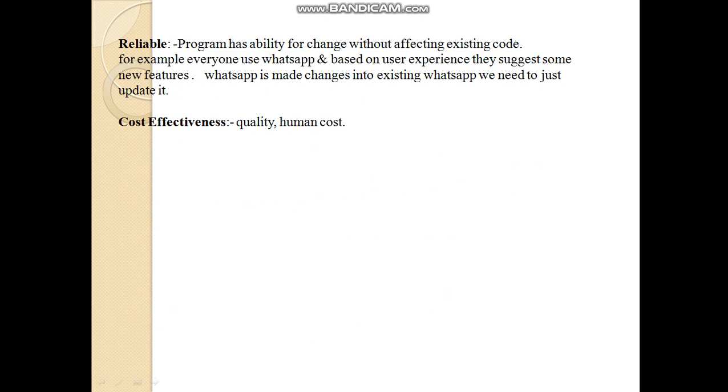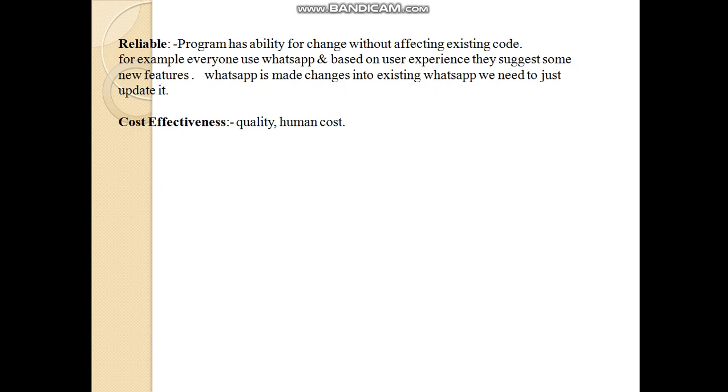Then reliable. All of us use WhatsApp or other social media, and sometimes WhatsApp tells us they are upgrading a feature and we have to update to the new WhatsApp. They never tell us to uninstall the previous WhatsApp and install the new version.